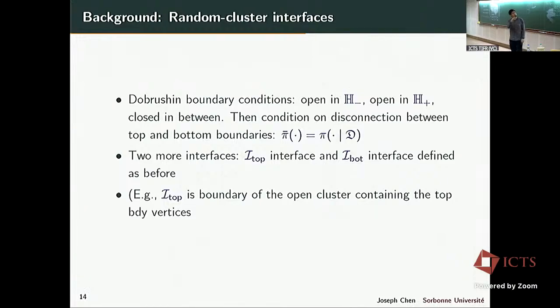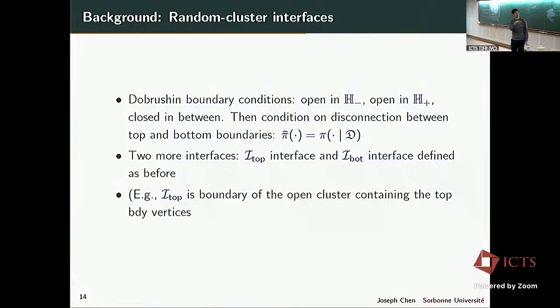And the analogous setup, if you just want to study random cluster or to get the random cluster in the background, is to take wired and wired boundary conditions and then condition on them to stay disconnected. And this generates two more interfaces.